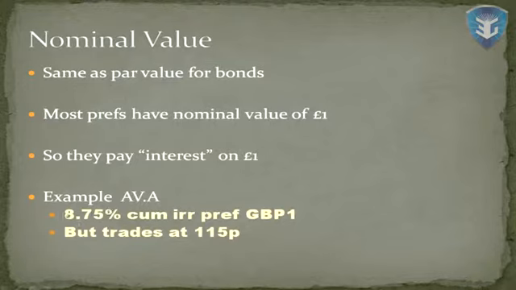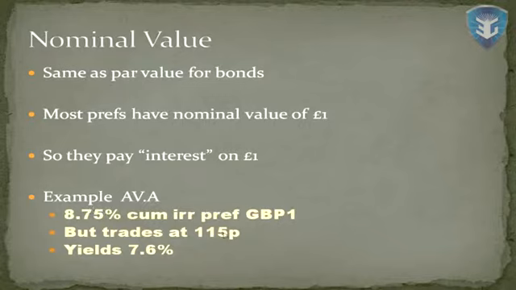You usually read this percentage, just put a pence after it. If the nominal value is 1, percentage and pence can be thought of as the same thing. And since it trades at 115p, you're paying 15 pence above the nominal value. You're not actually getting the 8.75, you're getting 7.6%, which is less than that.